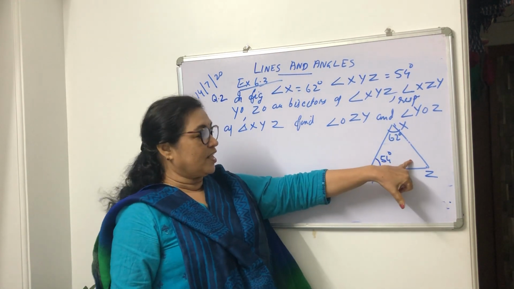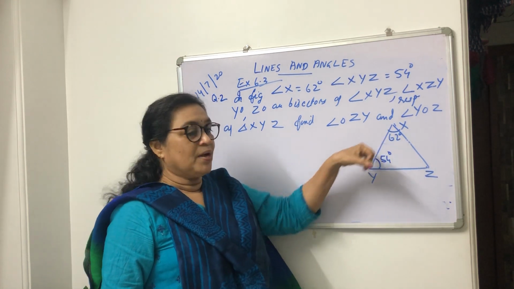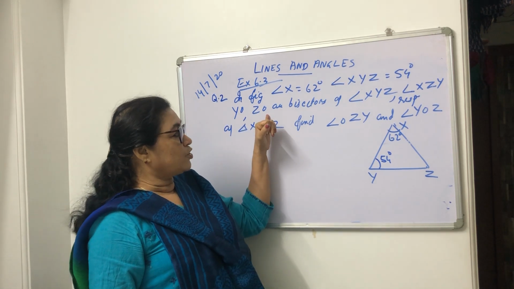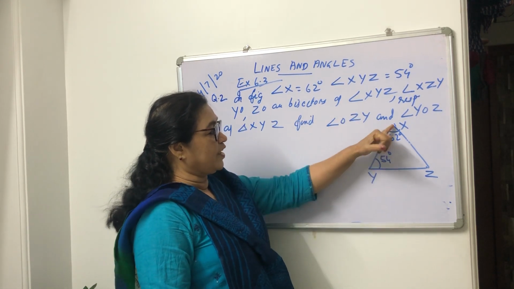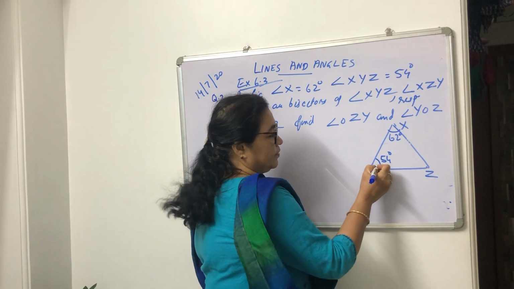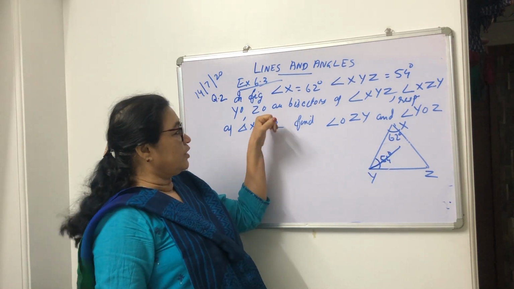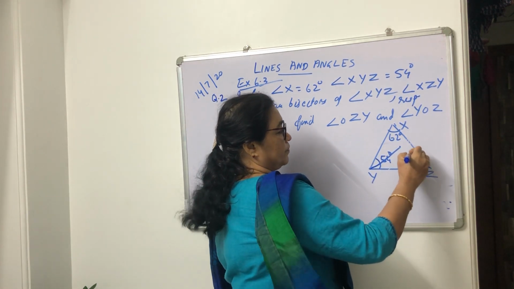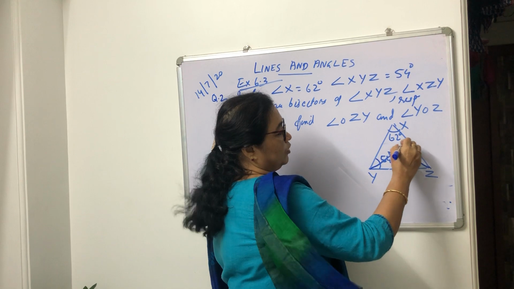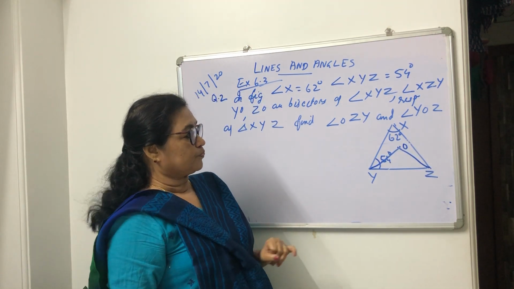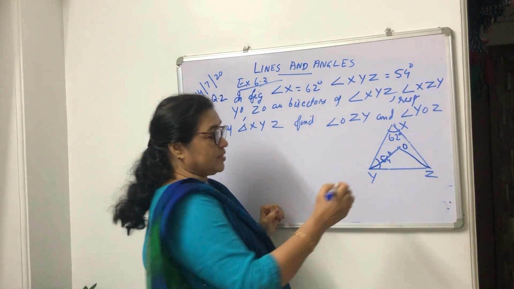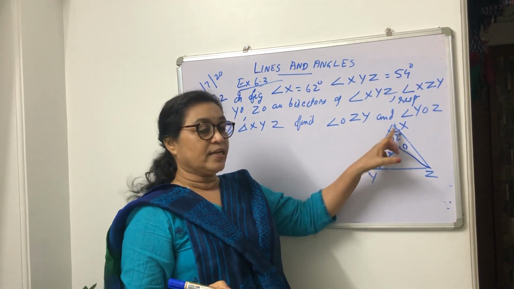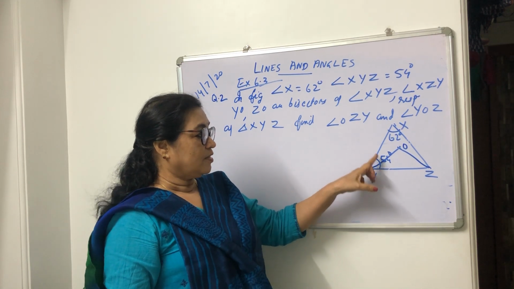You can find this angle XZY by the angle sum property, but it is given that YO is the bisector of XYZ, and ZO is the bisector of XZY. Both are meeting at O. So this is the bisector and this is also the bisector. This angle is X and this 54 is this angle.